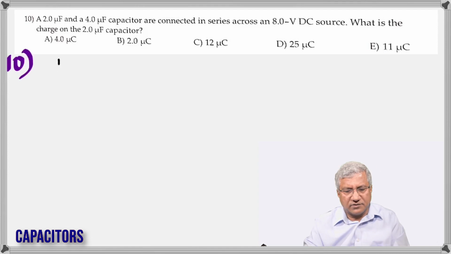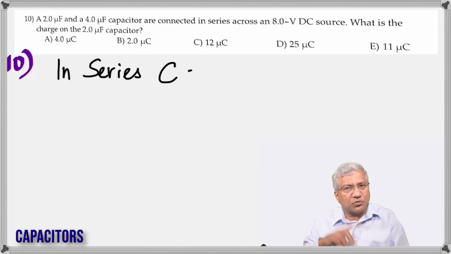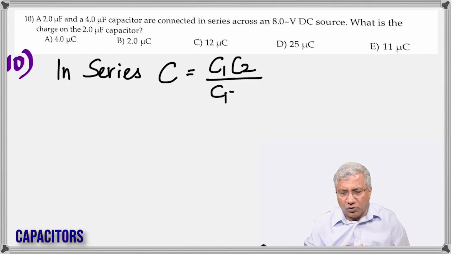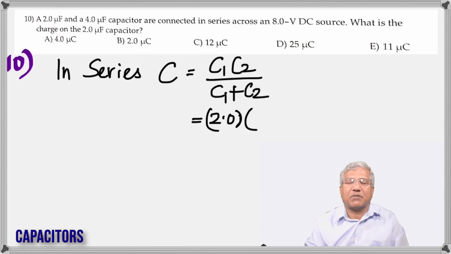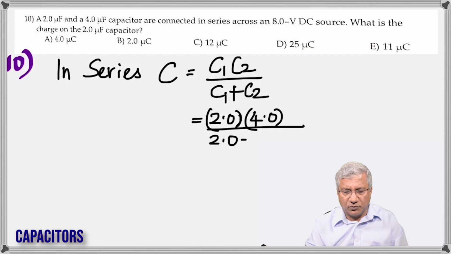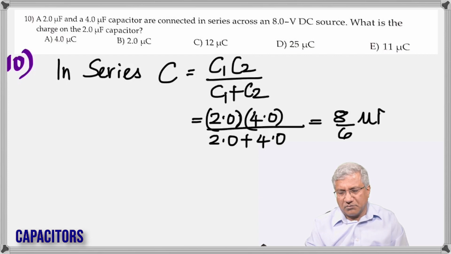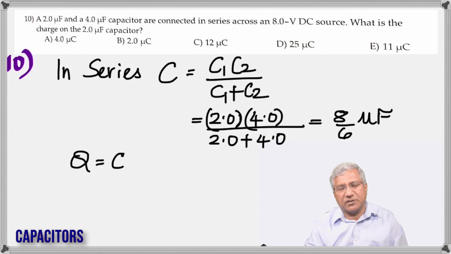Okay, let's do it. They are in series. So in series, we use 1 over C is 1 over C1 plus 1 over C2, or the shortcut C1 C2 by C1 plus C2. Keep both in microfarads. So 2 times 4 by 2 plus 4. It gives 8 by 6, 4 by 3 microfarad. Okay, I left it at 8 by 6.